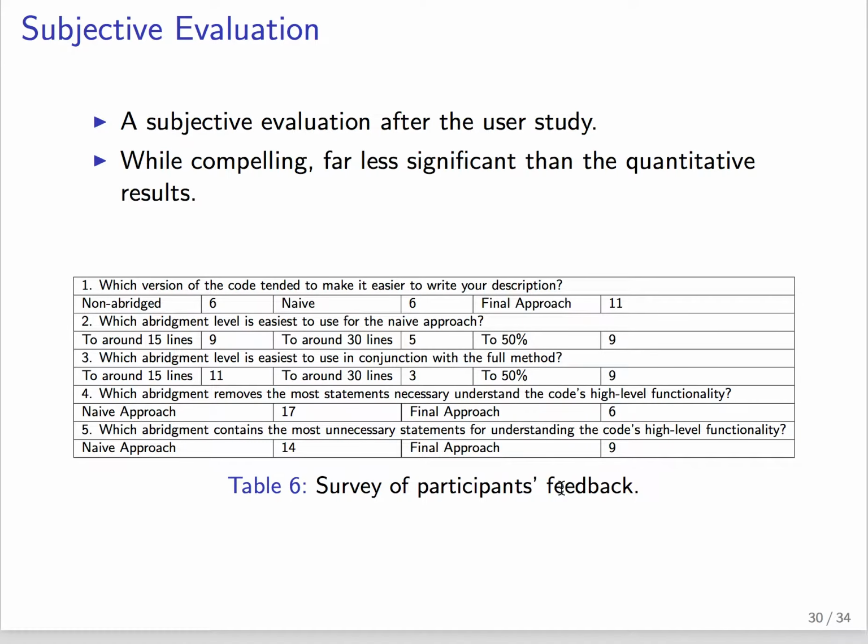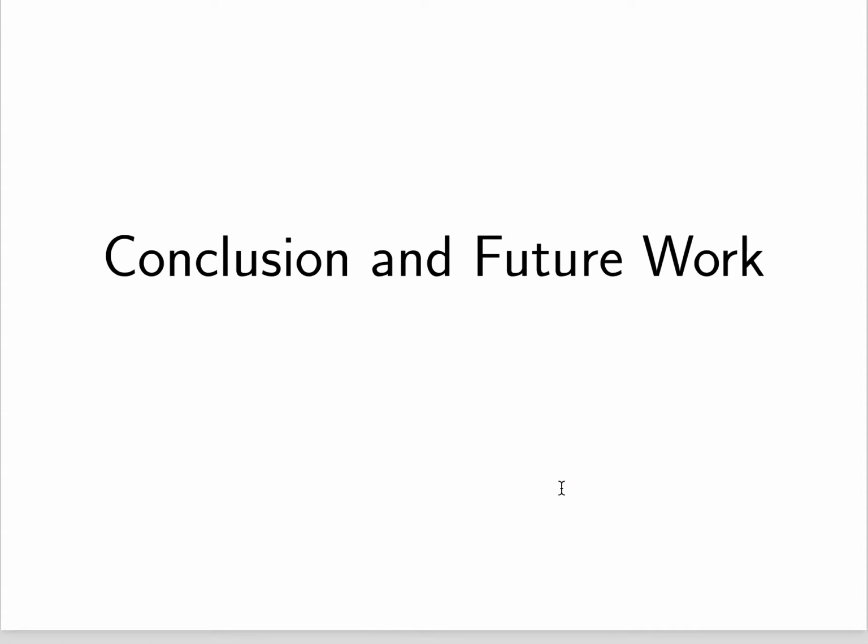And we also conduct some subjective evaluation to ask if the user tends to use our tool. At the end of this user study, it turns out that the participants like our tool, and more details can be viewed in our paper. Finally, I would like to give a brief summarization of our work.